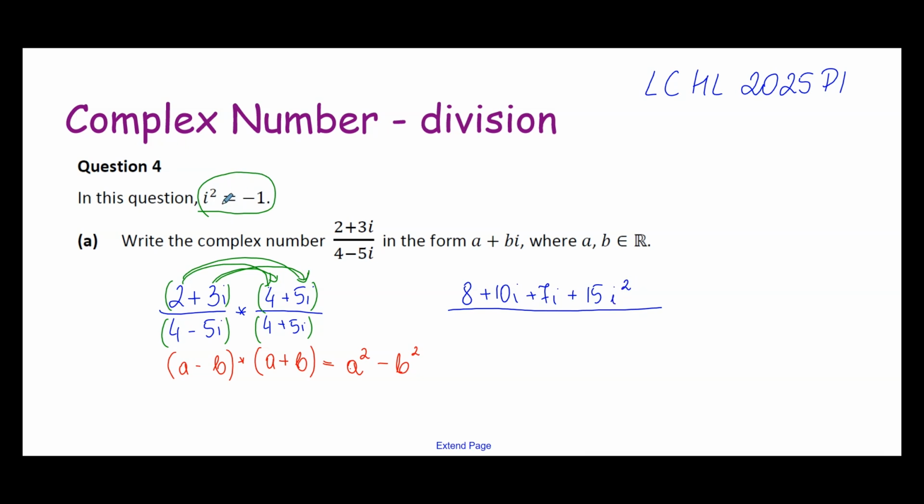And then I remember that when you see i to the power of 2, you have to change it to -1. On the bottom of the fraction, my first value in the bracket is 4, so 4 to the power of 2 is 16, minus the second value, 5i to the power of 2, so that will be 25i to the power of 2. And again, that i has to be changed to -1.